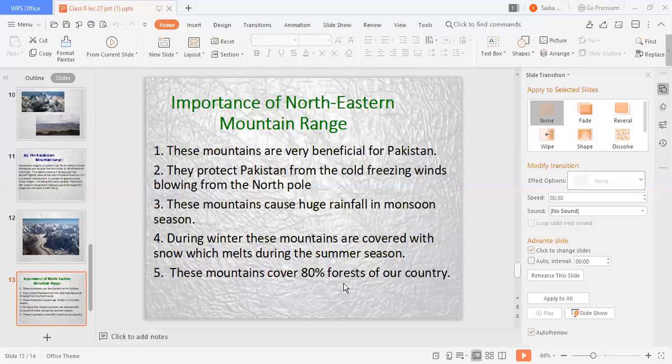And secondly, these mountains cause huge rainfall in the monsoon season. Is it clear? And during winter, these mountains are covered with snow, which melts during the summer season. And the last one is that the mountains cover 80% forest of our country.